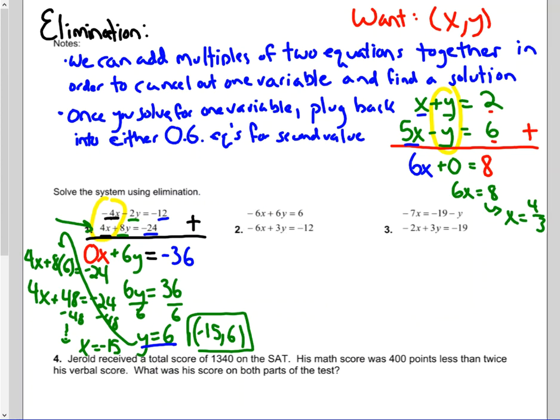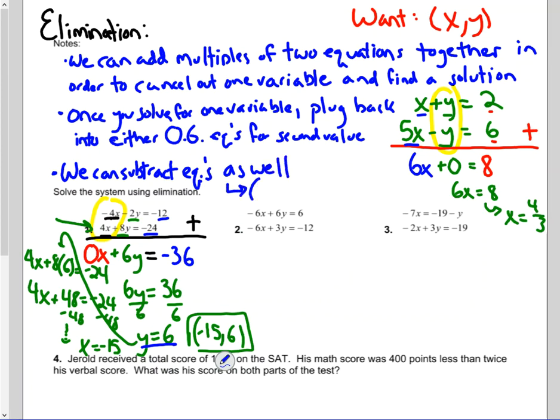What we can do is subtract these two equations. So let's add that to our notes. Under here, I'm going to write, we can subtract equations, EQs, as well.